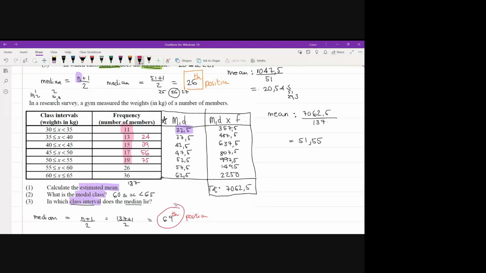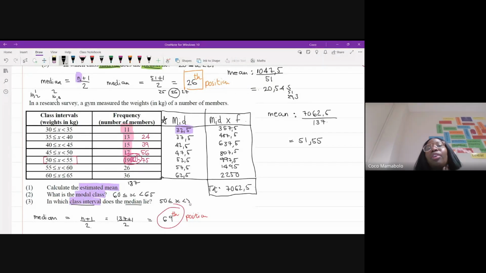So the median interval would have to be between 50 and 55, because that's where the 69th person would be. Oh, Abu, well done. Okay, so it must be 50 to 55.